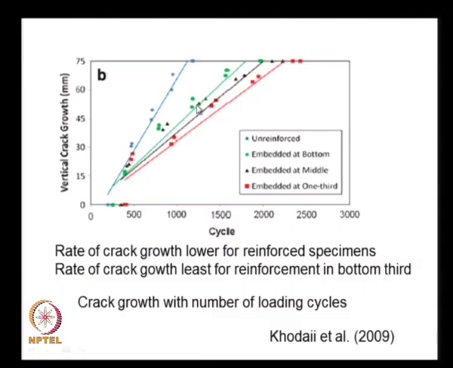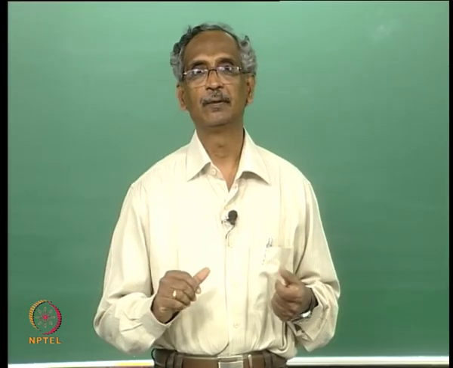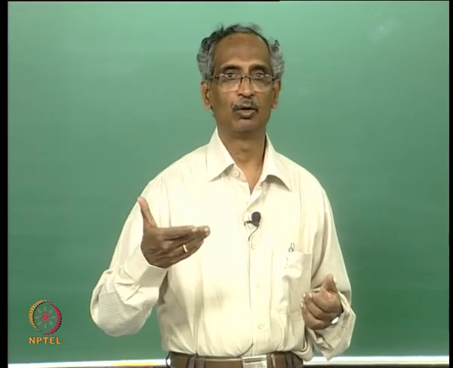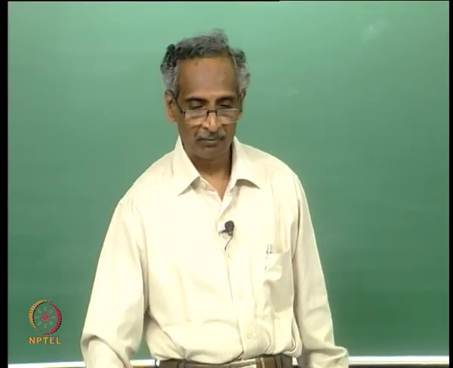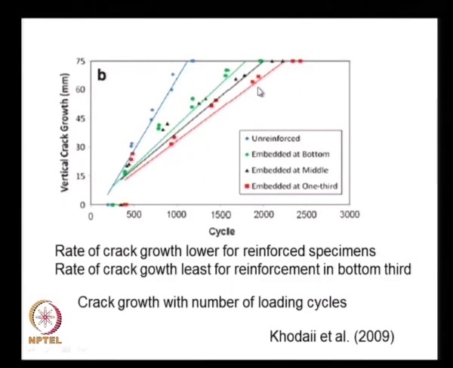When the reinforcement is placed at the bottom of the overlay, there is not much benefit because there is a separation, whereas at mid height there is not too much benefit because it is closer to the neutral axis. But if it is provided at 1/3 of the base height, it has the maximum benefit. That means the reinforcement is able to hold the tensile cracks together, so that the pavement performs better.